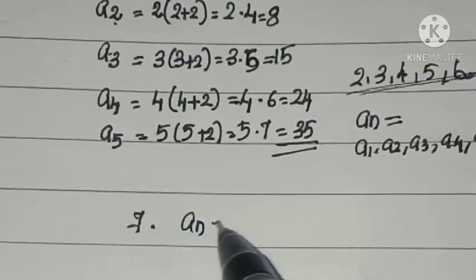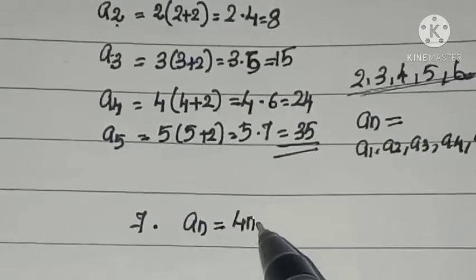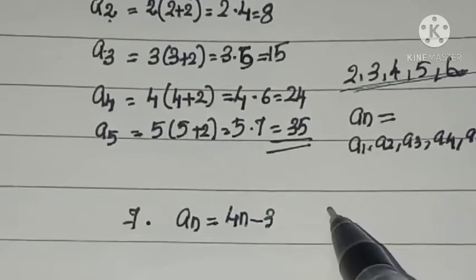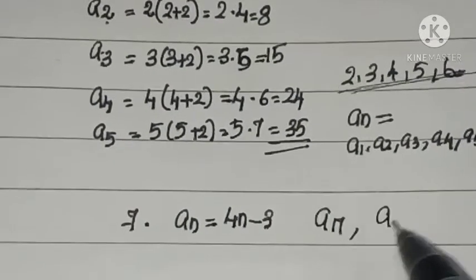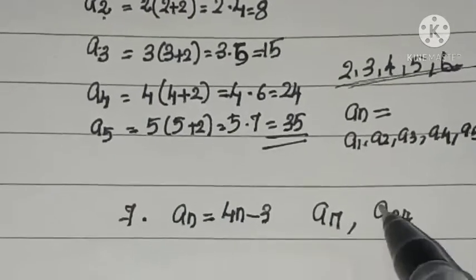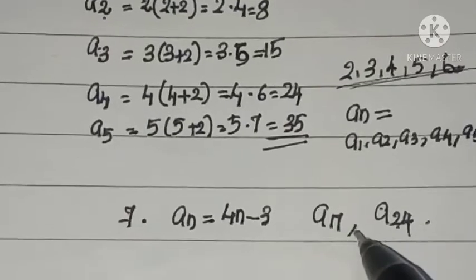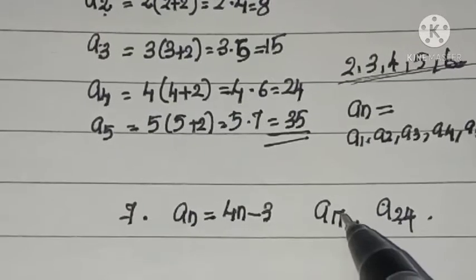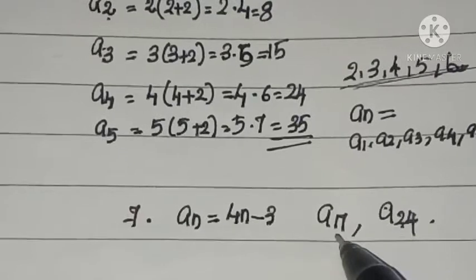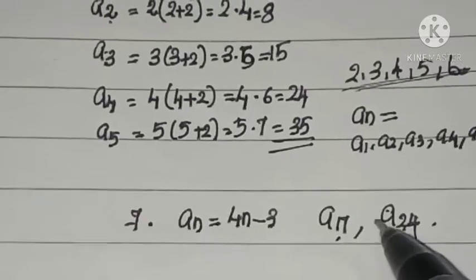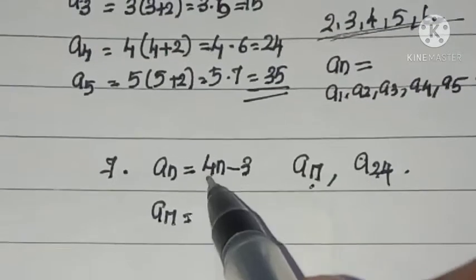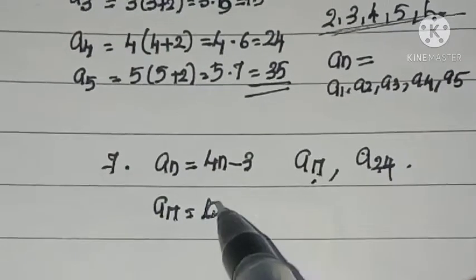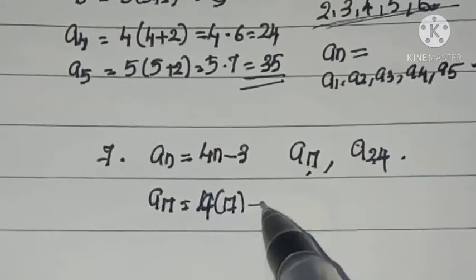Then question number 7 is a similar question. The nth term is given. For example, 4n minus 3. And in the question it is asked what is a17 and what is a24. So this indicates we want to find the 17th term and the 24th term. To obtain the 17th term, put n equal to 17. So 4 into 17 minus 3.